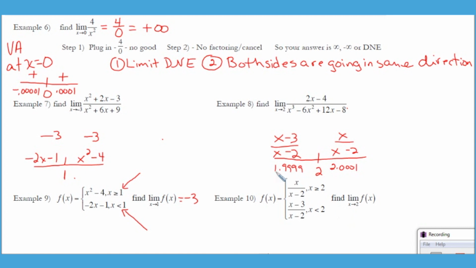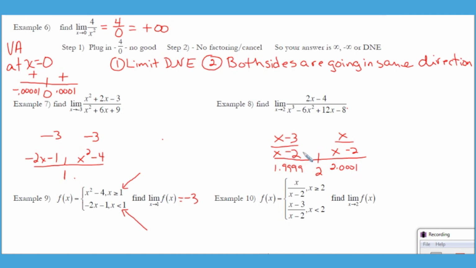And we're going to plug that into the respective pieces to see what each piece of the graph is doing. If they're both going in the same direction, we can give that direction as our answer, and because that's directional, it does not exist. And if they're not going in the same direction, then we have to say does not exist.